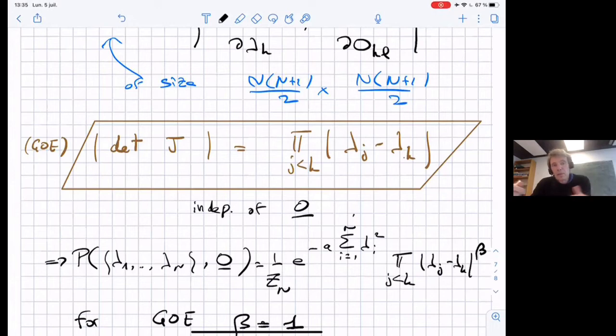That means that the probability that two eigenvalues exactly coincide is basically equal to 0. We will see that this is indeed the case in a minute, but you can already feel it: if you take two Gaussian random variables, the probability that they are exactly the same is 0. So this defines a set of events which has measure 0. Is that okay?